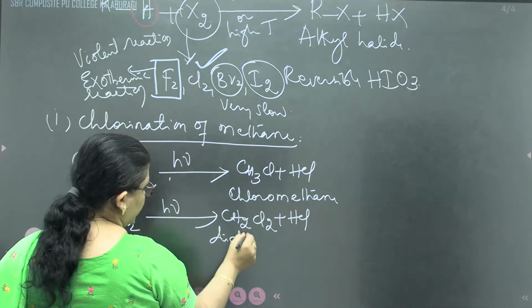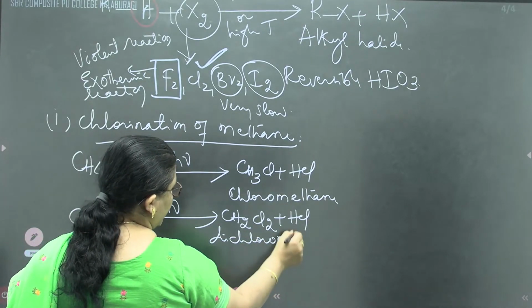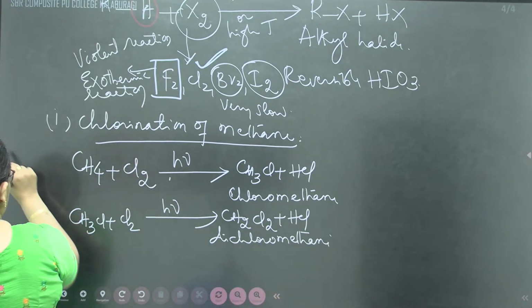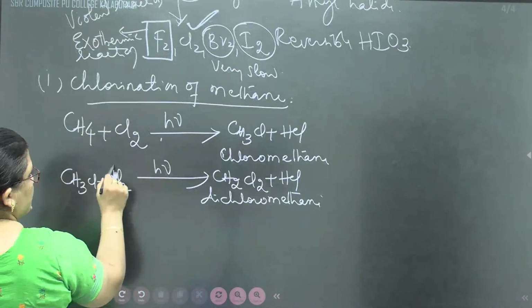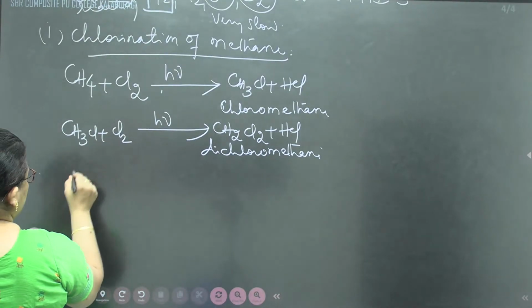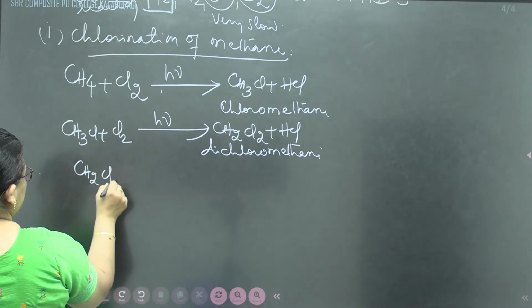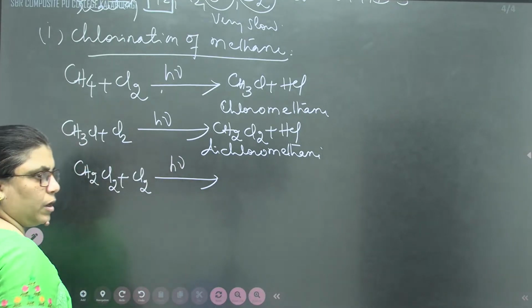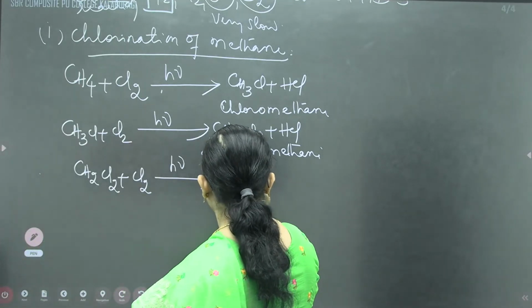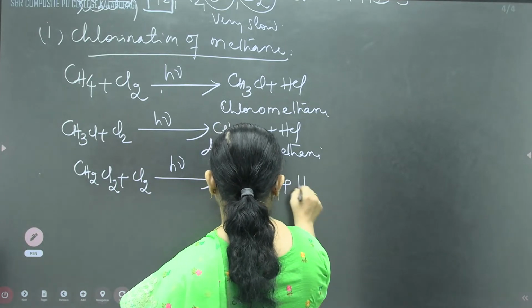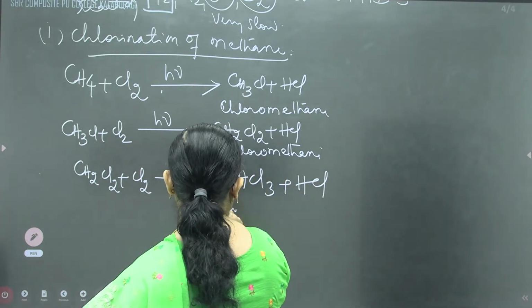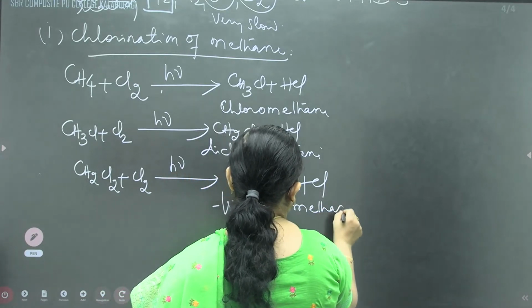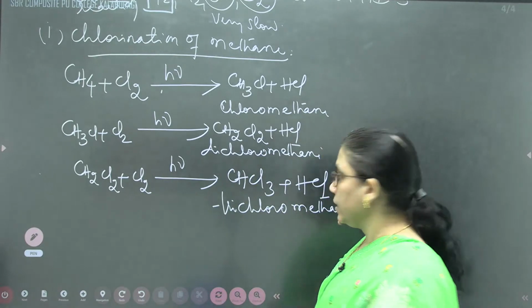This is called dichloromethane. Dichloromethane on further chlorination in the presence of diffuse sunlight is converted into trichloromethane.